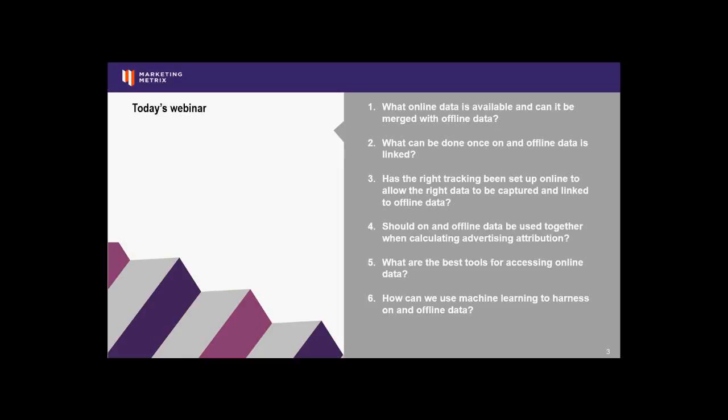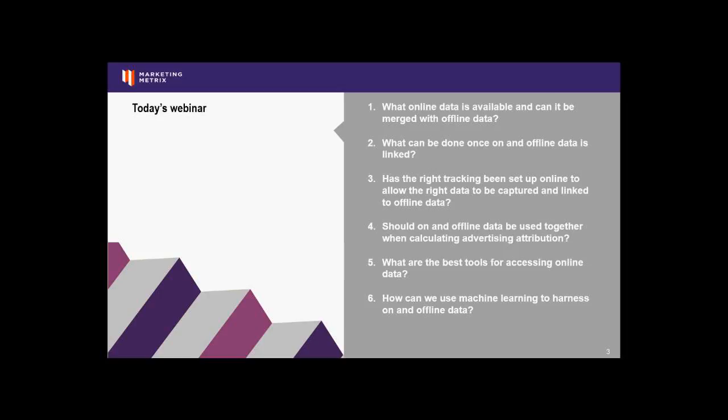I'll be then looking at if on and offline data should be used together when calculating advertising attribution. We'll have a brief discussion about the best tools out there for accessing online data. And then I'll finish off with how we can use machine learning to harness on and offline data. And now over to Laura.